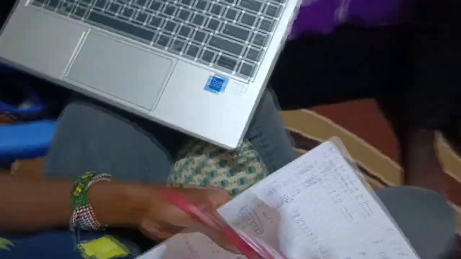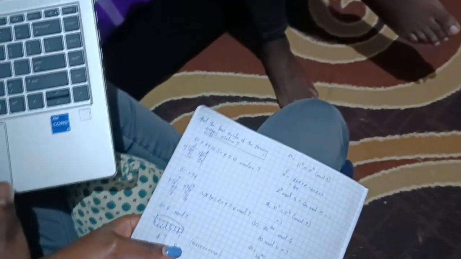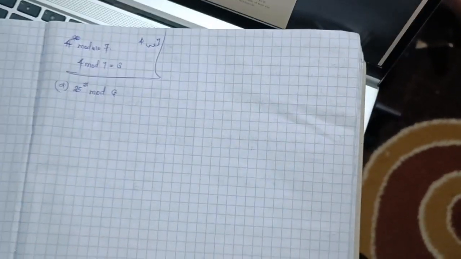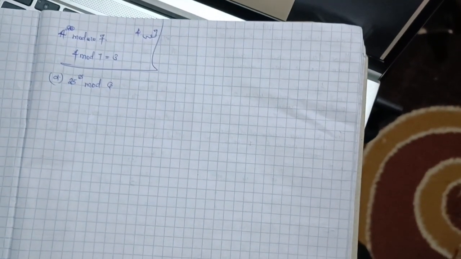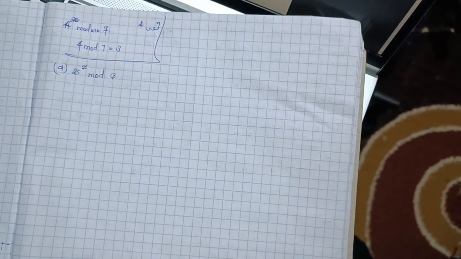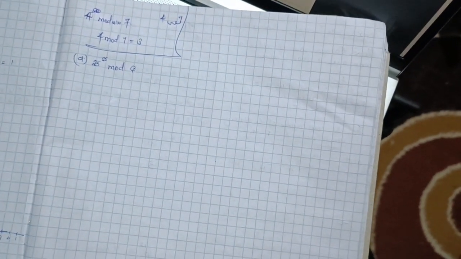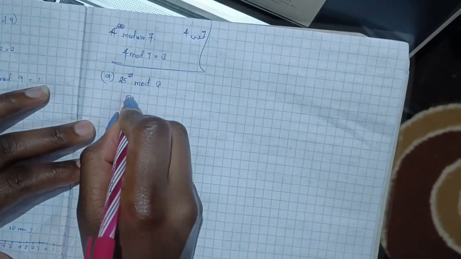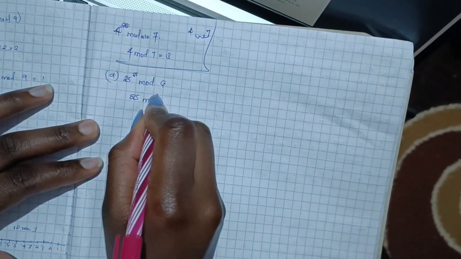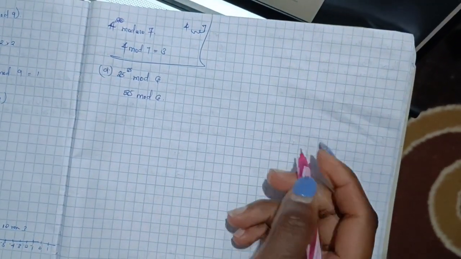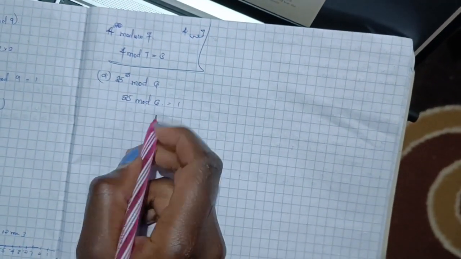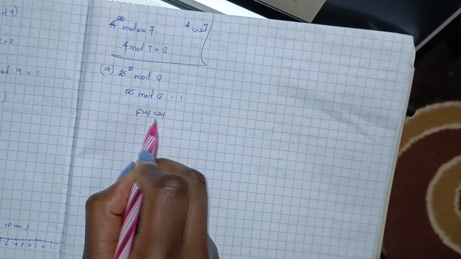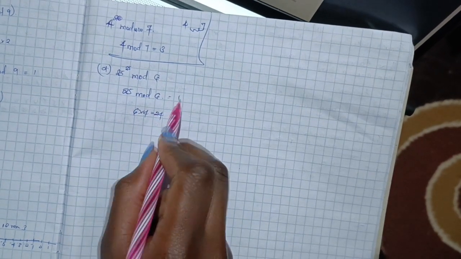So suppose you're presented with such an equation and you're told to find the least residue of it. The first step is you take 25 and find its modulo 6, which will be 1, because 6 goes 4 times in 25 to make 24, and the remainder is 1.